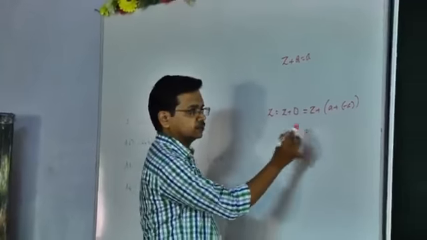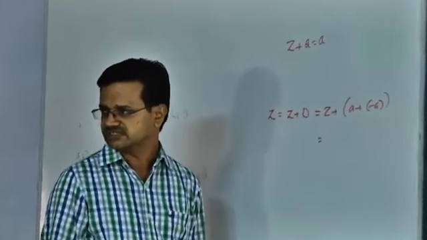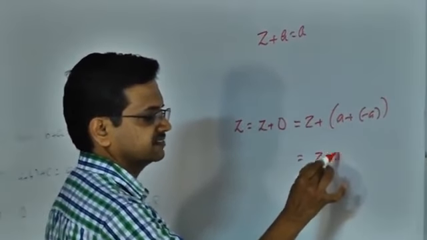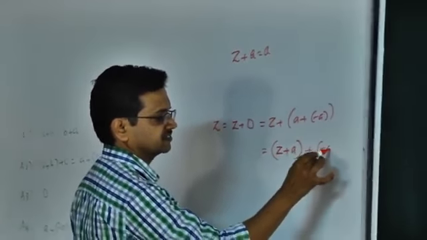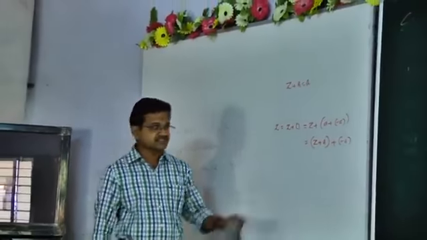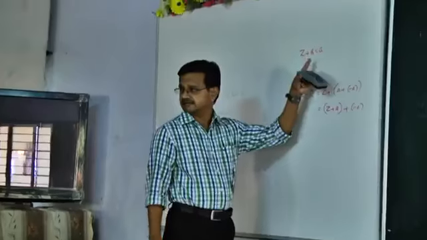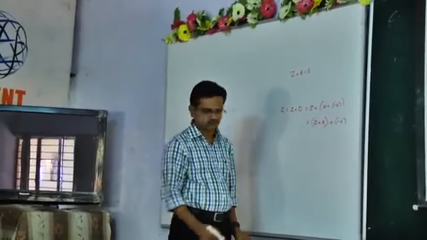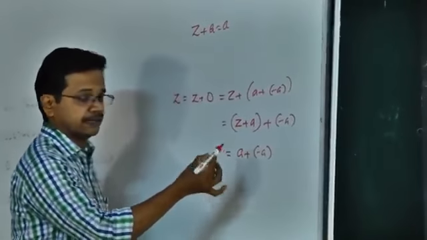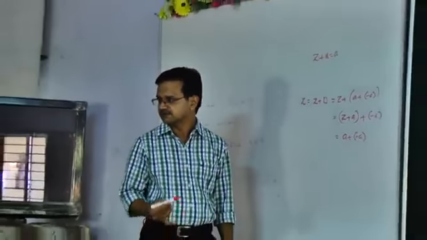Next, I use the associative property of addition: Z plus A plus minus A can be written as Z plus A, plus minus A. Now what is Z plus A? It is given that Z plus A equals A. So finally we get A plus minus A. What is A plus minus A?